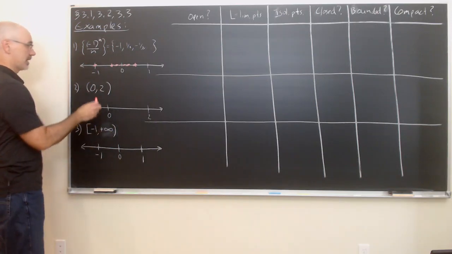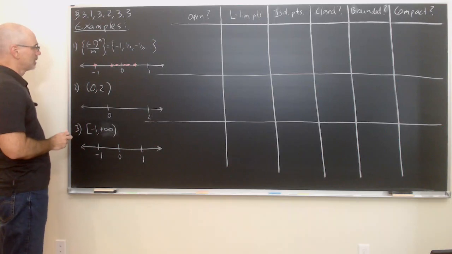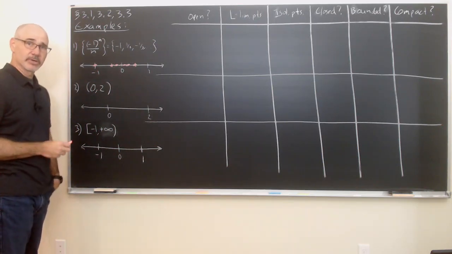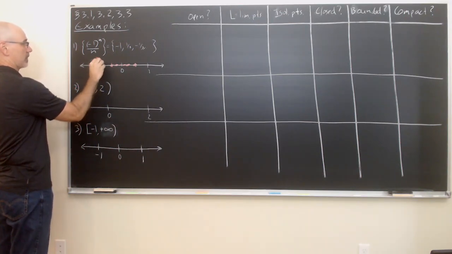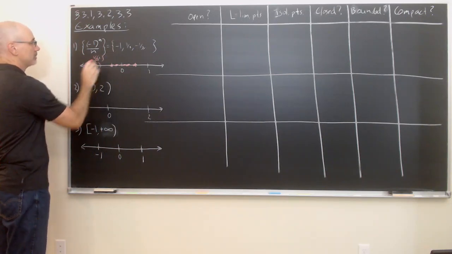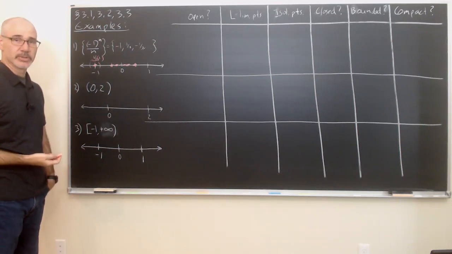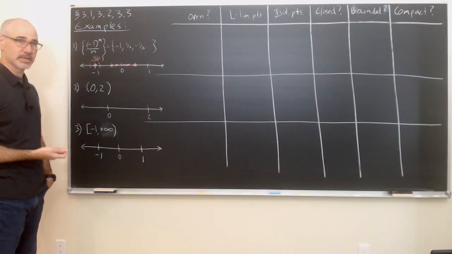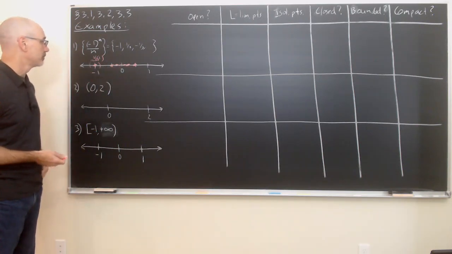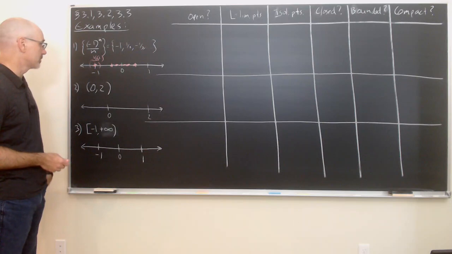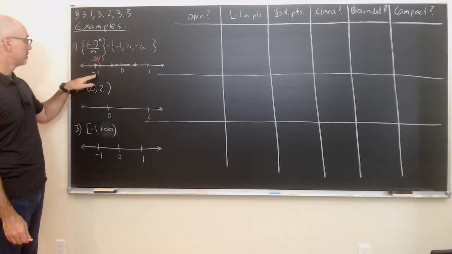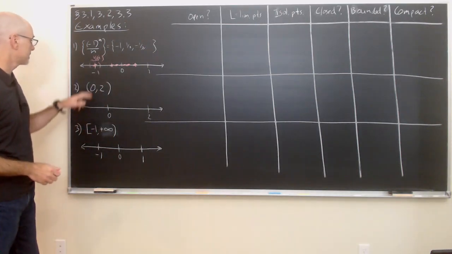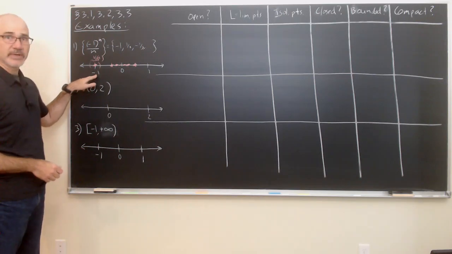So if I started with minus 1, for example, I think right away we have our counterexample, because no matter how small my epsilon neighborhood is around the point minus 1, that epsilon neighborhood is not going to be contained in the set, because the set is just a bunch of singletons, right? The union of a bunch of singletons. So because the epsilon neighborhood around the point minus 1 is not contained in the set, the set fails to be open.